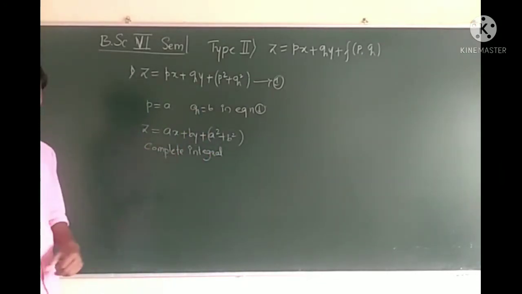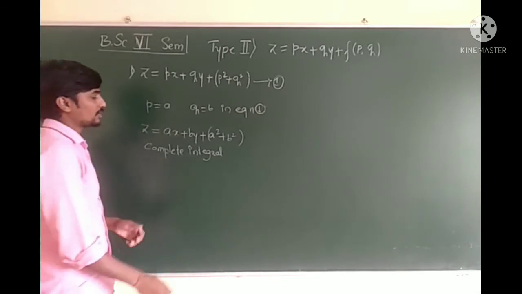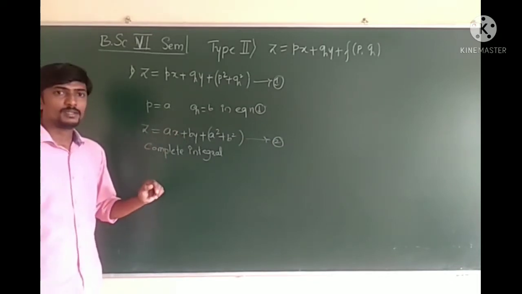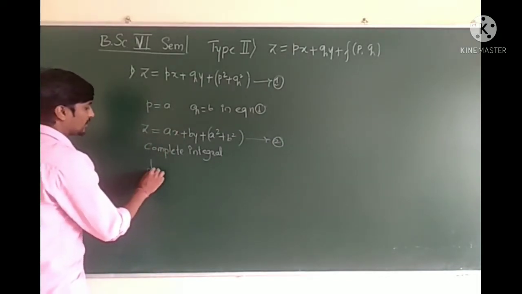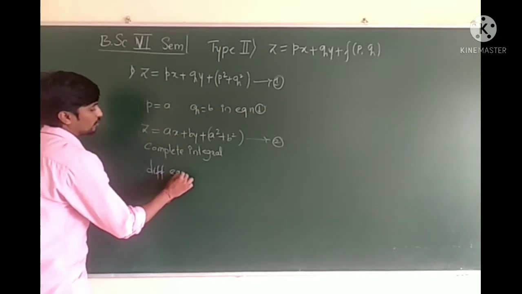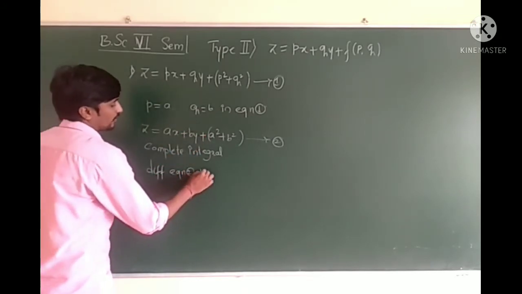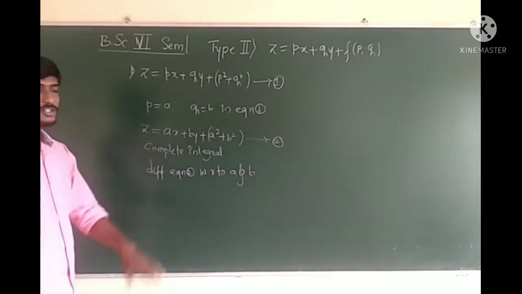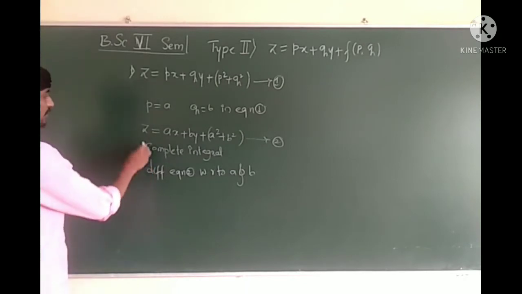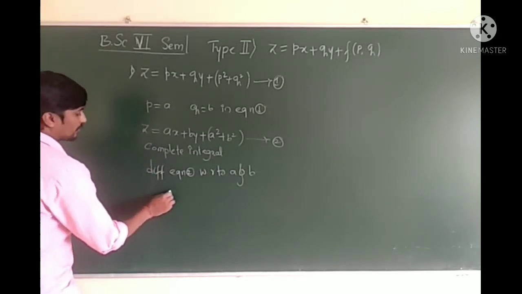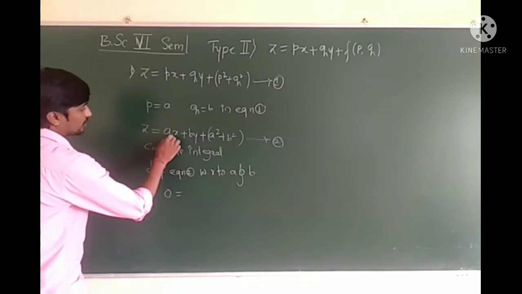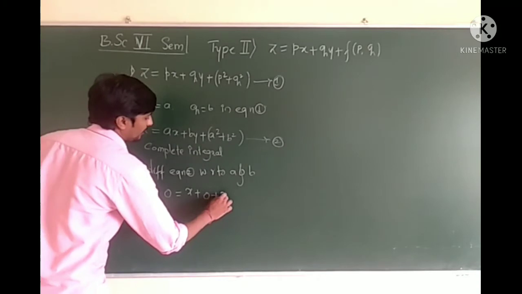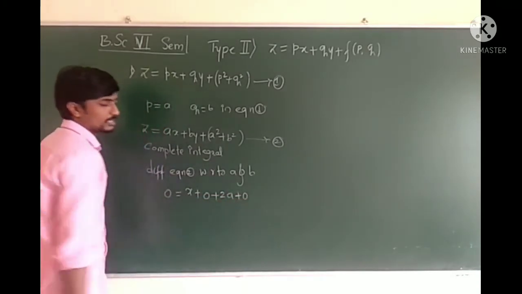After that we have to find the singular integral. The singular integral will be formed by eliminating a and b. For that I differentiate equation 2 partially with respect to a and b. So dou z by dou a equals 0 equals x plus 0 plus 2a plus 0.